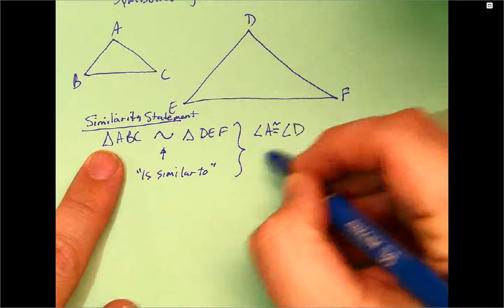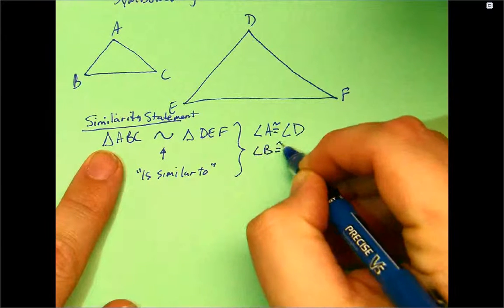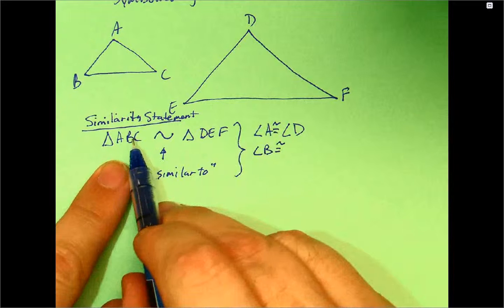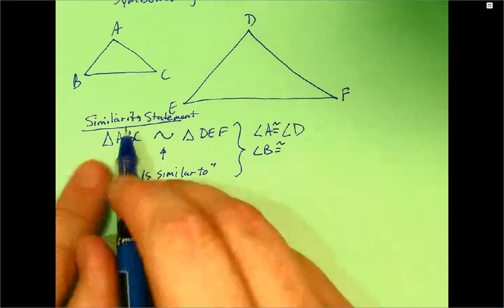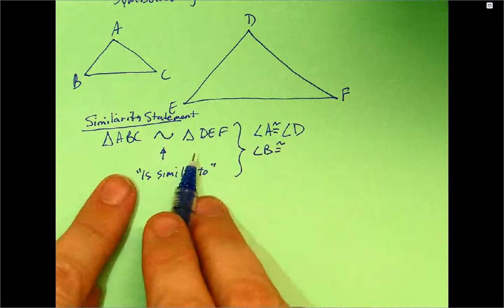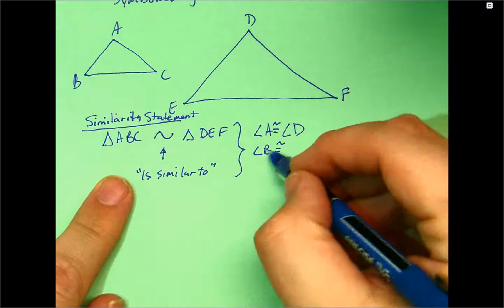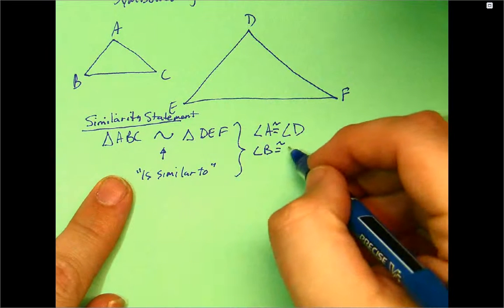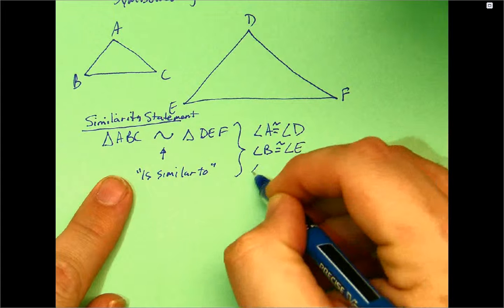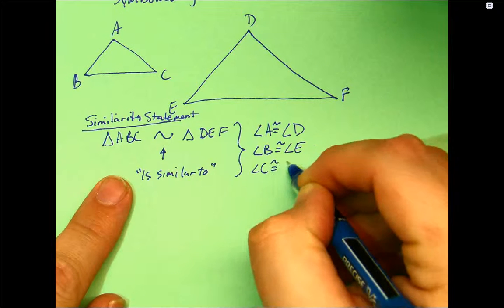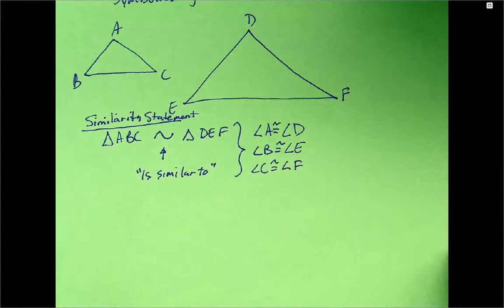Angle B and angle E. They're in the second position of the name, and the name means everything. So angle B is congruent to angle E, and angle C is congruent to which angle? Angle F. So that's the first thing you get, which is your congruent angles.